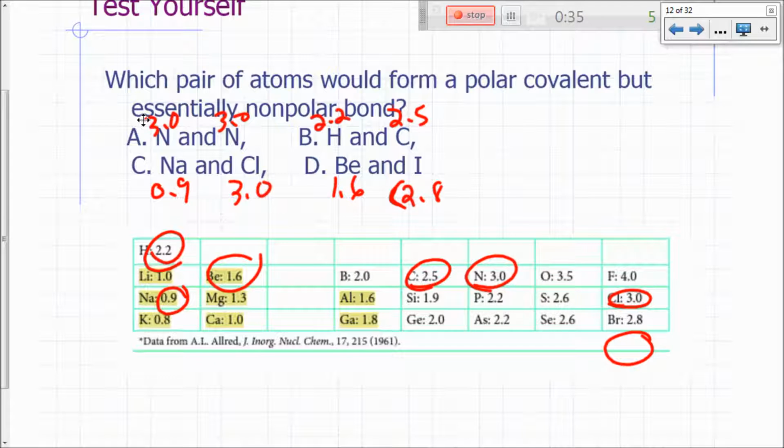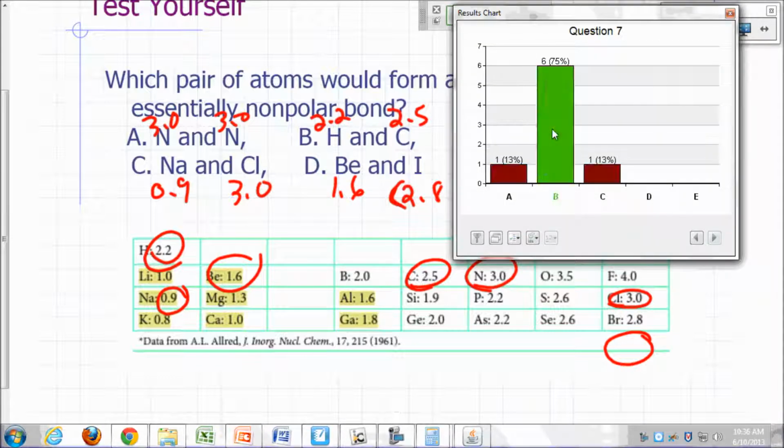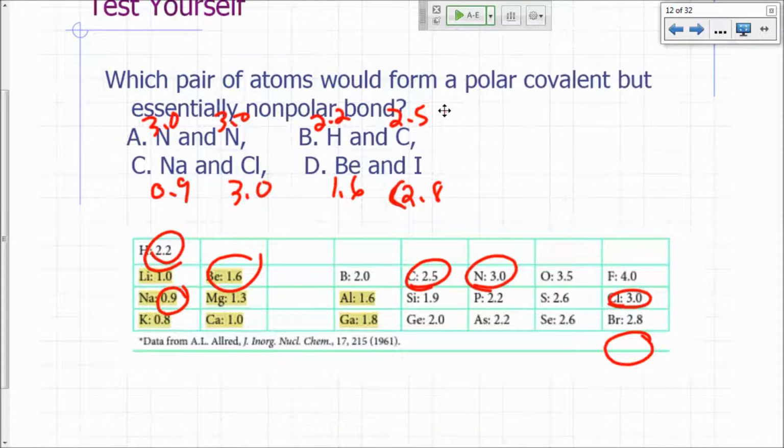How would it be? Carbon and hydrogen. Difference is very small, right? Difference of only 0.3. Although it's technically a polar covalent bond, for practical purposes, we say that bond is essentially nonpolar.